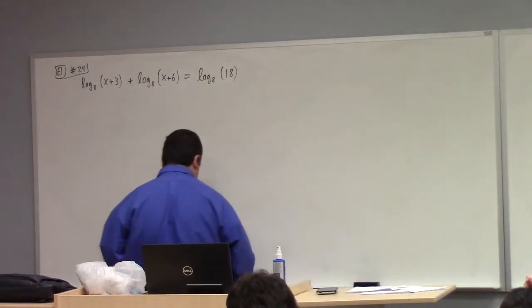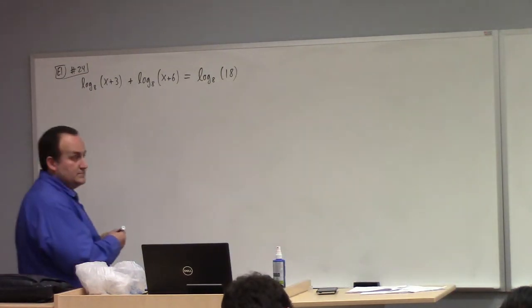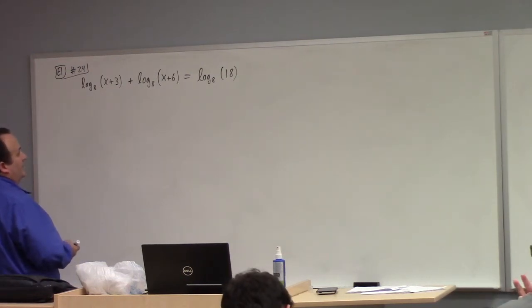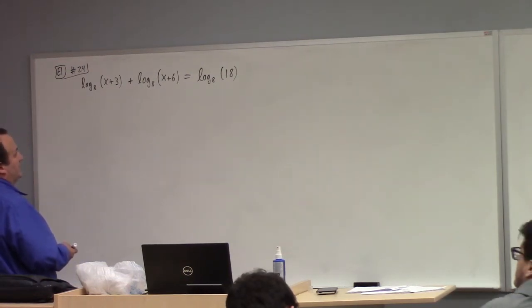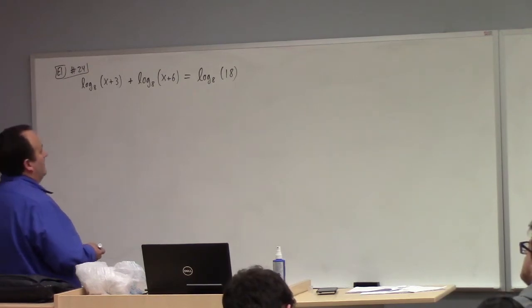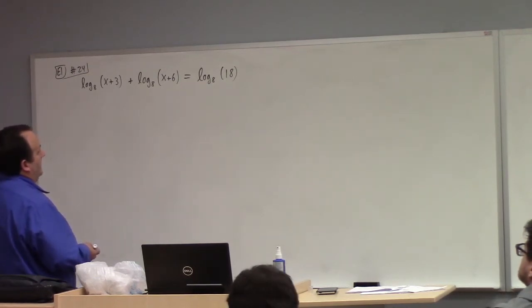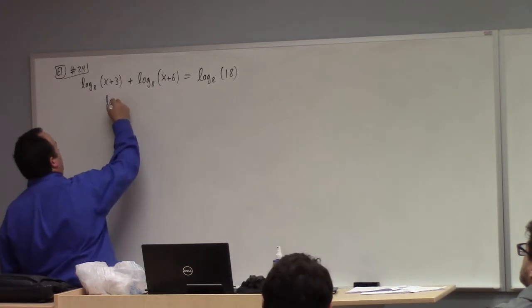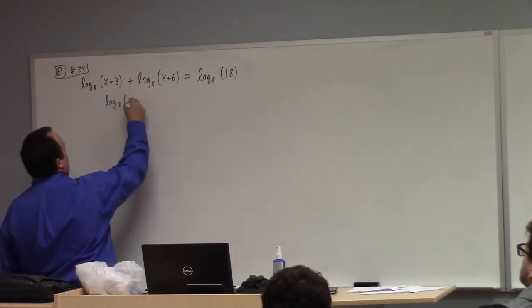I have a question. Yep. Would you be able to just subtract the log from one side? Well, I could, but I don't think that really would help me much, would it? So you're saying, well, that's kind of interesting. You could do that. I guess I could do that.